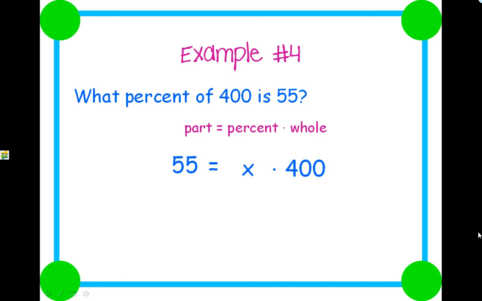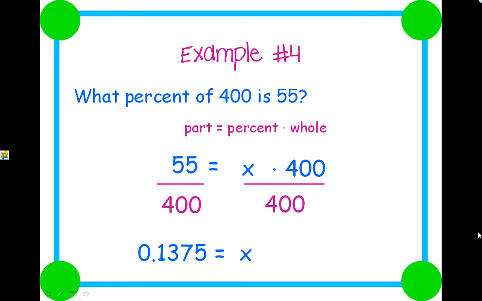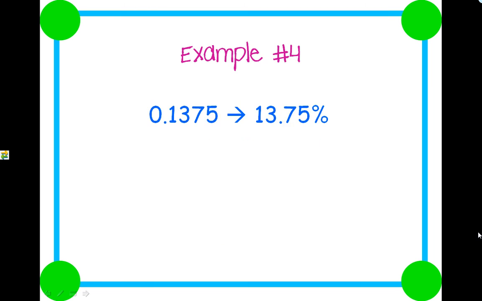Divide by 400 to get x by itself, and whenever we do that, we get x is equal to 0.1375. Okay, once again, we have to change that decimal to a percent, and we'll get 13.75%. So 55 is 13.75% of 400.